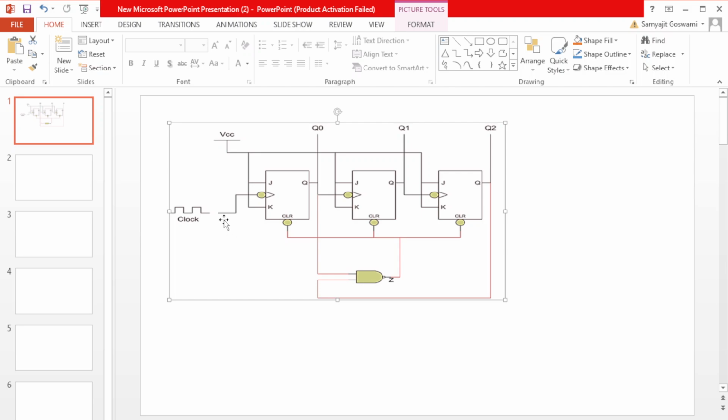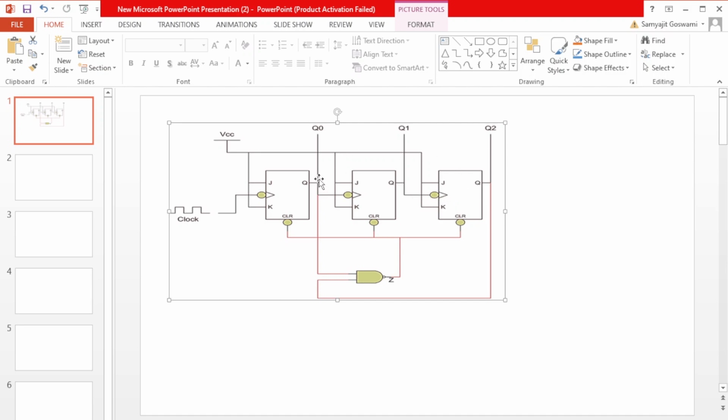You can see that the original clock pulse is applied only to the first flip-flop. Okay, and the output of the first flip-flop is connected as the clock pulse of the next flip-flop, and the output of the second flip-flop is connected as the clock pulse of the third flip-flop.